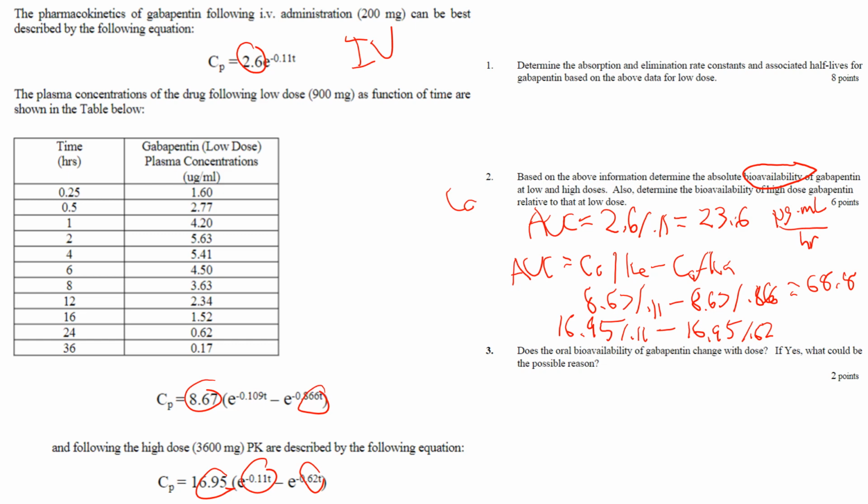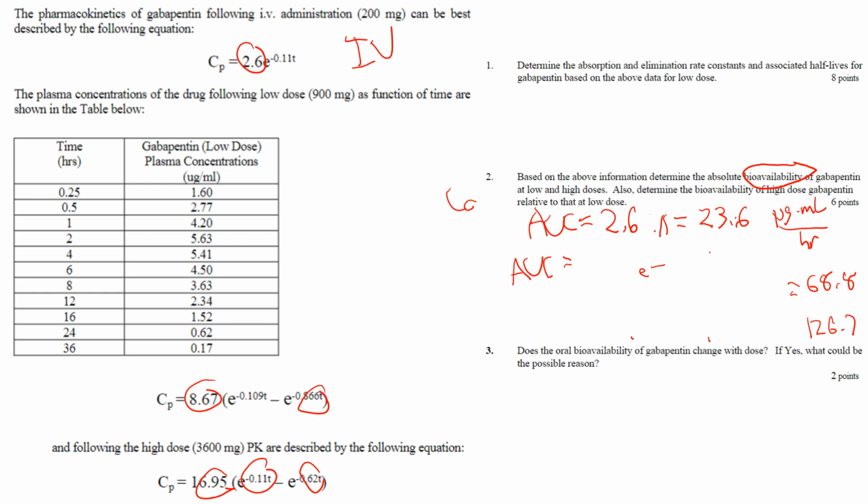So 16.95 divided by 0.11 minus 16.95 divided by 0.62. This we get 126.7. I'm going to erase all of this really quick because we're still not done. We'll keep those numbers on there because we'll need them in a second.